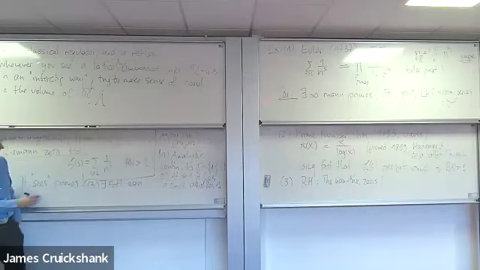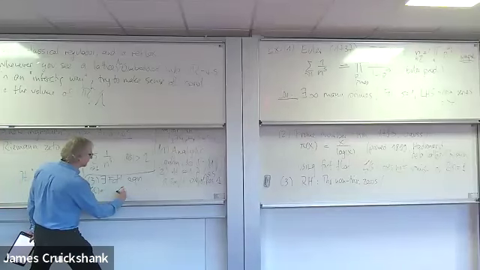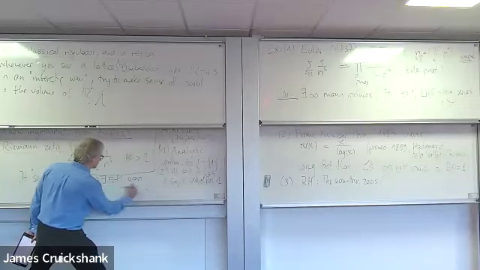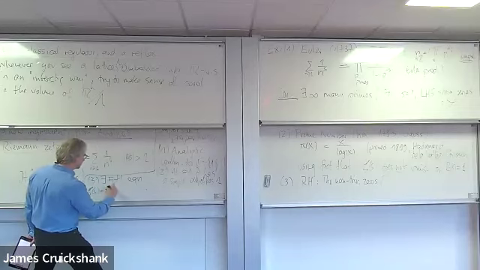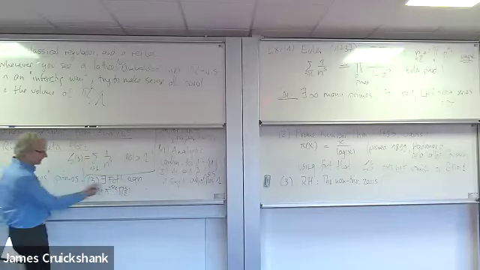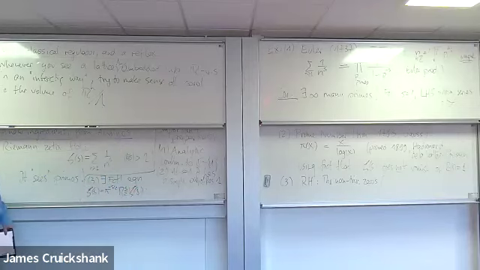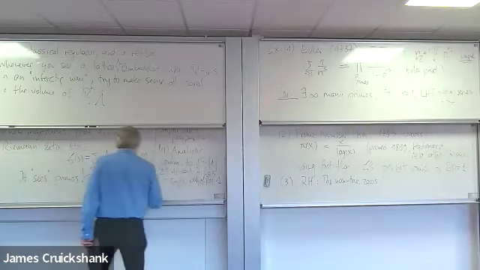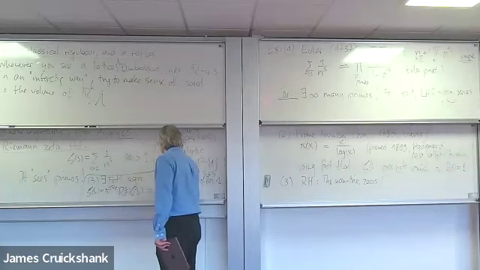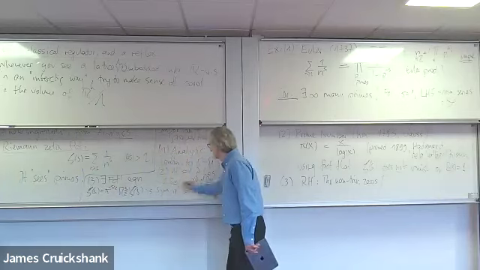So if we write psi of s as a product of zeta with two factors, pi to the minus s over 2 and gamma of s over 2, then this is symmetric in s replaced by 1 minus s.